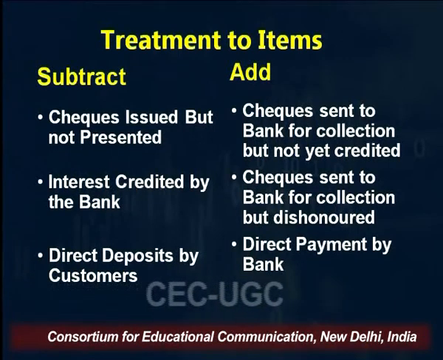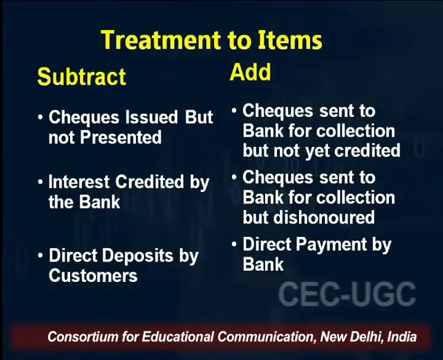So we have sent certain checks, any amount it could be, and the bank has not collected yet, which means your passbook balance is showing a lower amount. Your cash book balance is showing a higher amount. So you are going to add this to bring it to the same level.